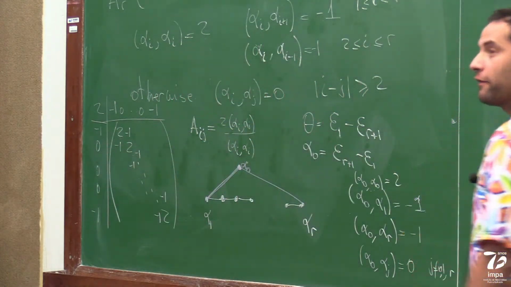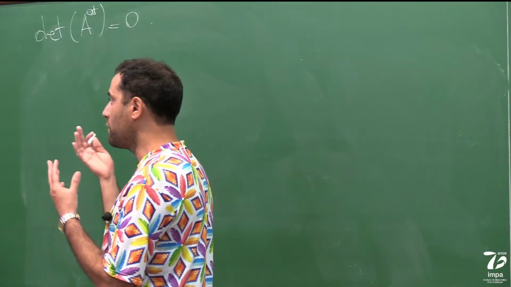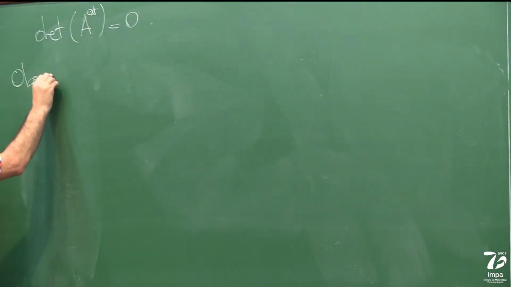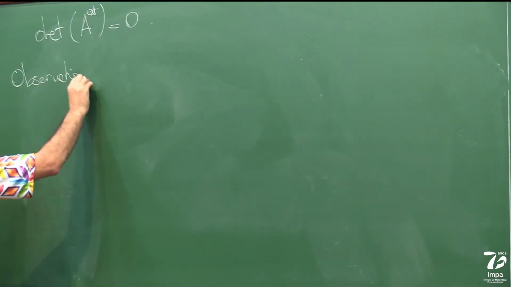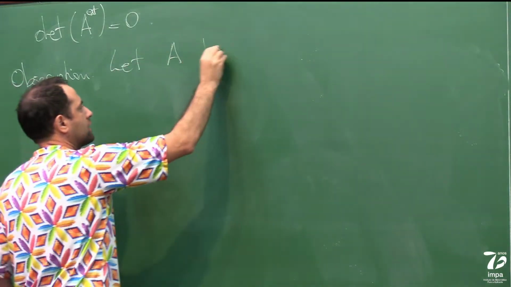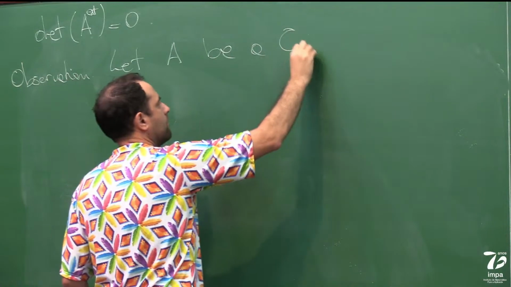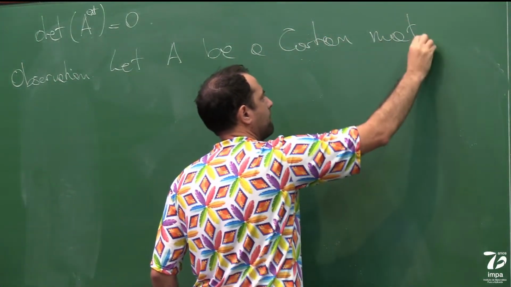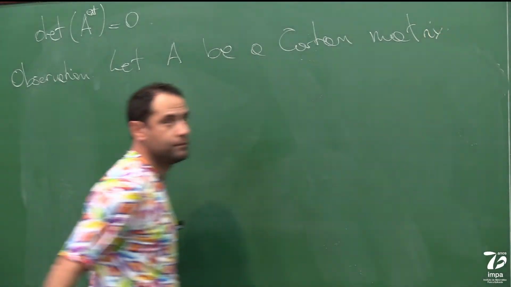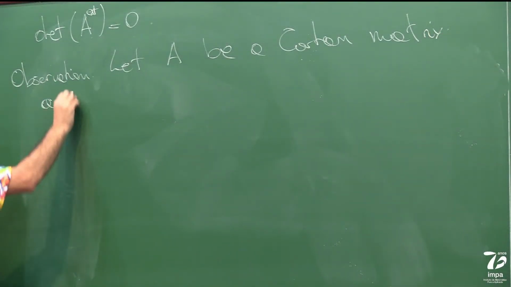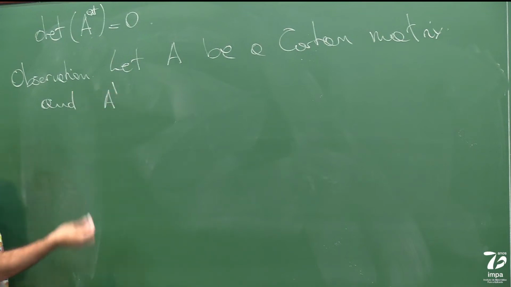So as a corollary of this, since you have a Cartan matrix, an obvious observation: let A be a Cartan matrix, and choose A prime a principal minor.